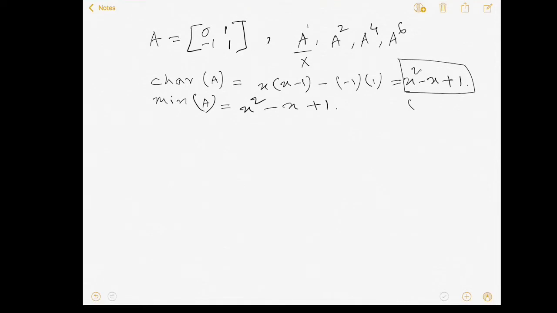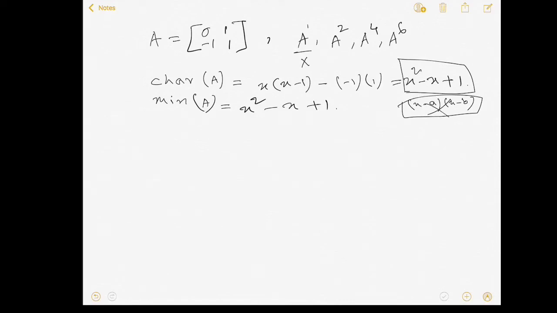That is, you cannot write it in the product form x minus a, x minus b. You cannot write it. So if minimal polynomial of A divides the characteristic polynomial, which means this polynomial x square minus x plus 1, then minimal polynomial is that only, because that is the only polynomial which satisfies this polynomial, because there is no such factor.